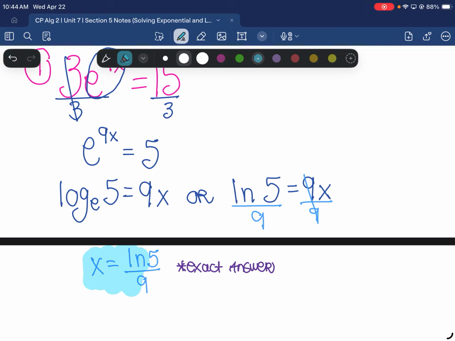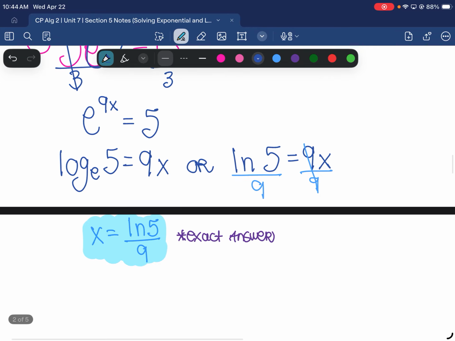How are you going to get the rounded answer? Put it in your calculator. That's a great idea. You would put this whole thing in your calculator. Now, did anybody try it in the equations app? No? Should we? Can you try it in the equations app?